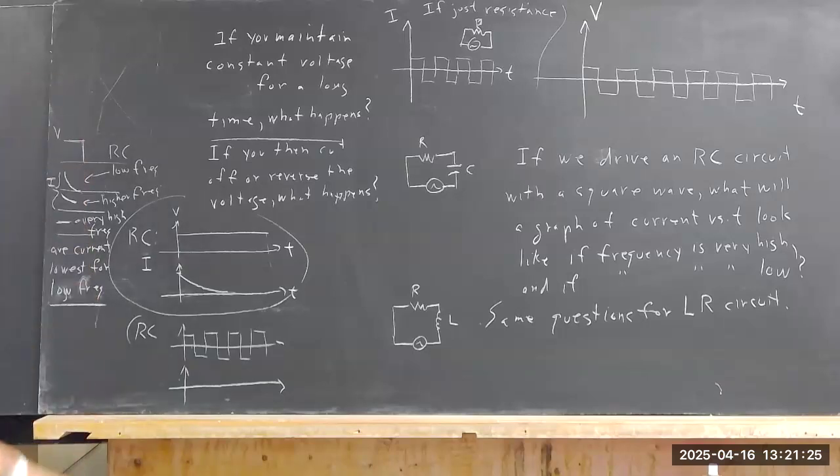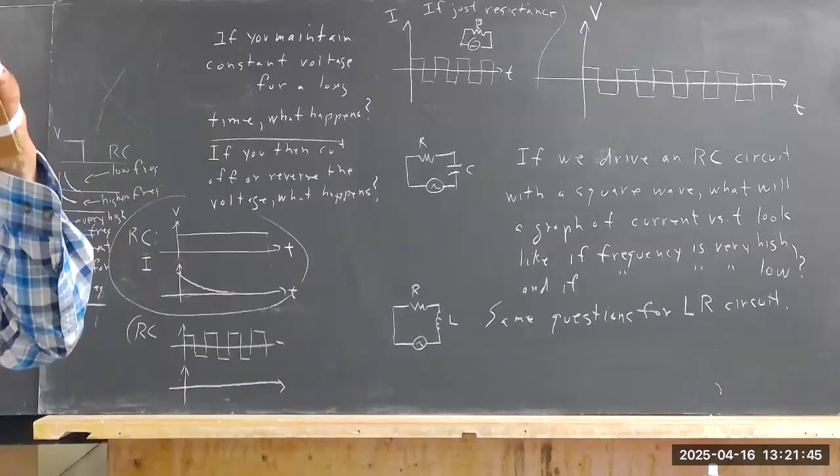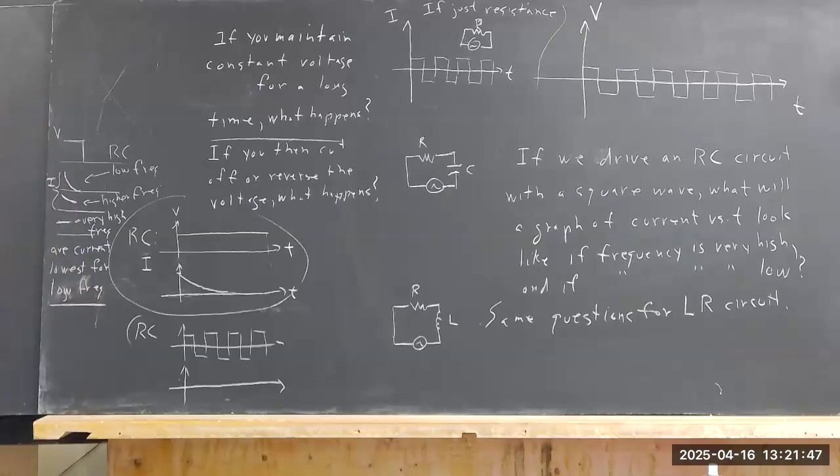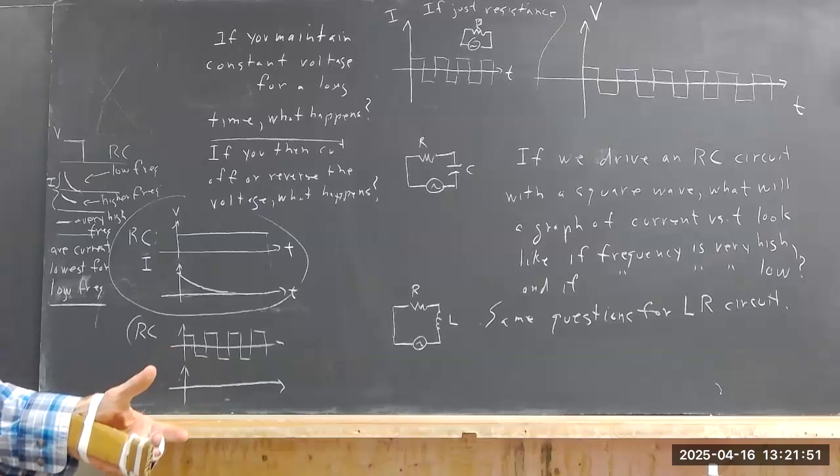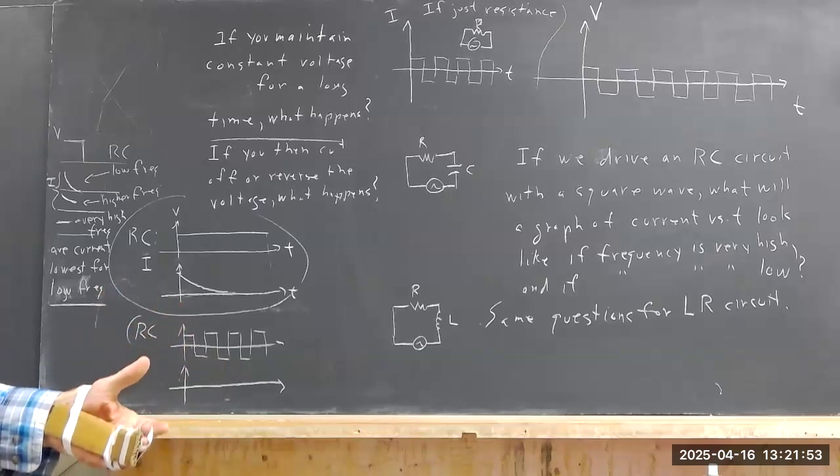Okay, that's fundamental. And of course, now I can ask you questions about it. I'd ask you, if the time constant of this is 1 second and the frequency is 1/4 of a hertz, what's the average magnitude of the current? Then you'd have to set up your exponential function for the current, which is very easy.